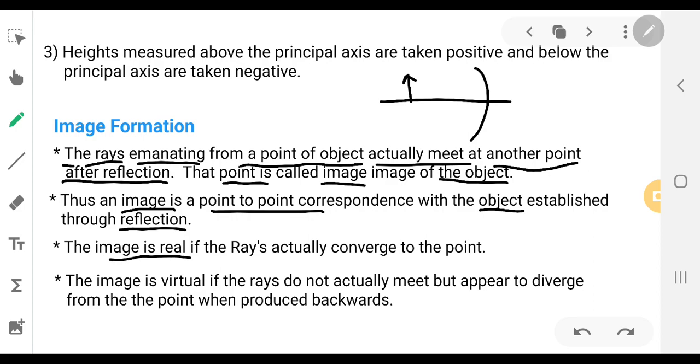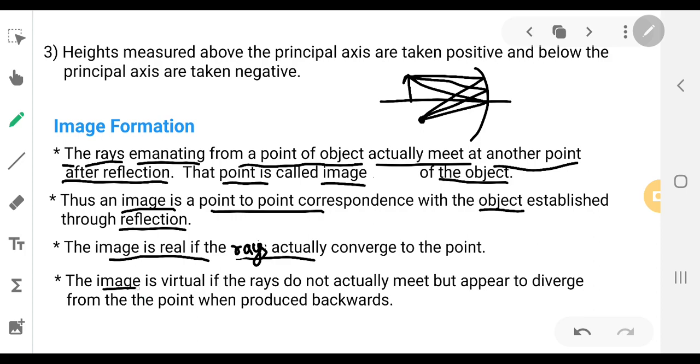The image is real if the rays actually converge to a point. ರಿಫ್ಲೆಕ್ಷನ್ ಆದಮೇಲೆ ಅವು ಆ್ಯಕ್ಚುಲಿ ಒಂದು ಕಡೆ ಮೀಟ್ ಆದವು ಅಂತಂದ್ರೆ then the image is called as real image.